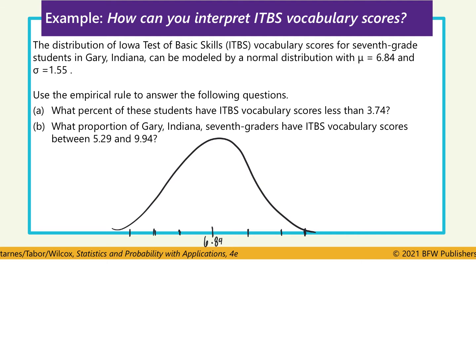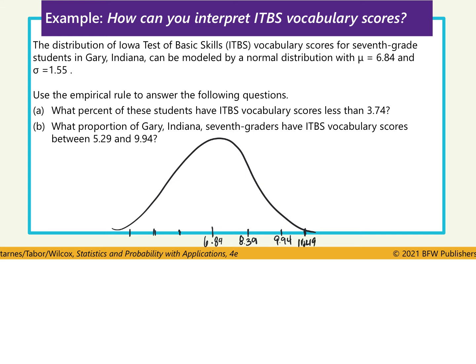We're going to add 1.55, 3 times. 6.84 plus 1.55 makes this 8.39. Add 1.55, 9.94. Add 1.55, 11.49.